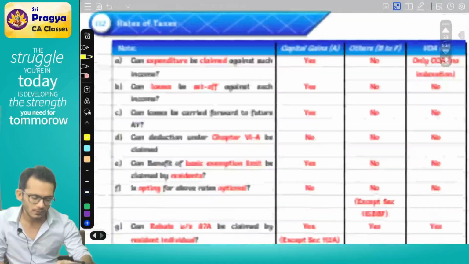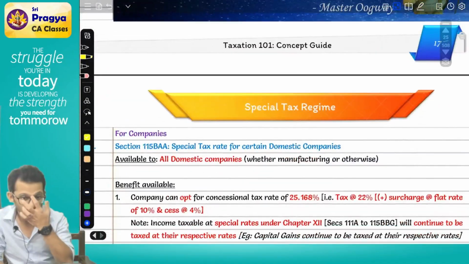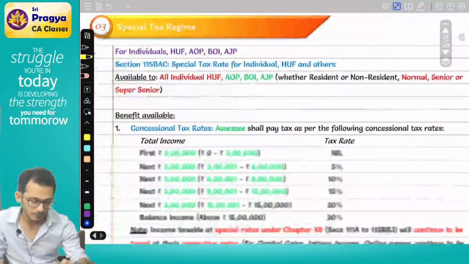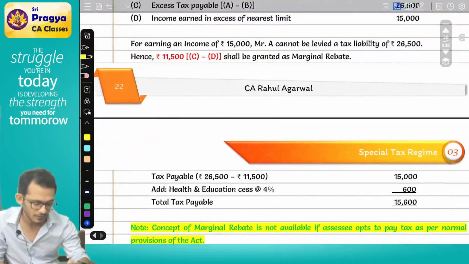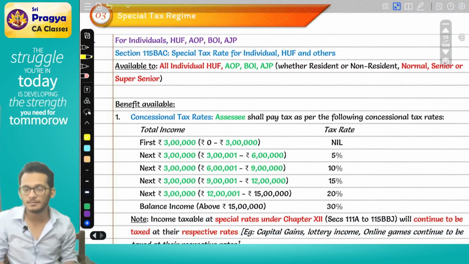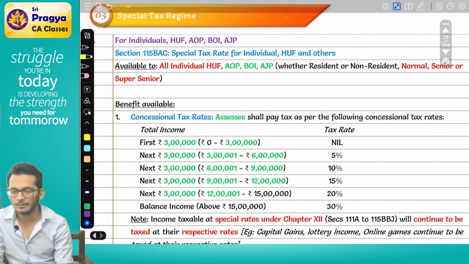Then what I want you to do is go to the next chapter, called special tax regime. In that chapter, page number 22. Please take out your amendment pens and highlighters.